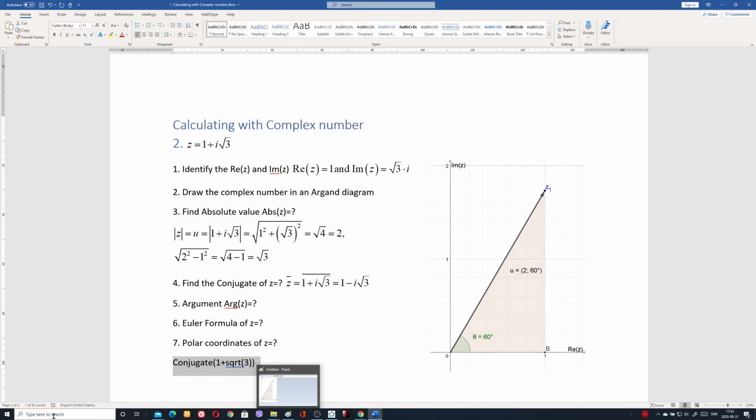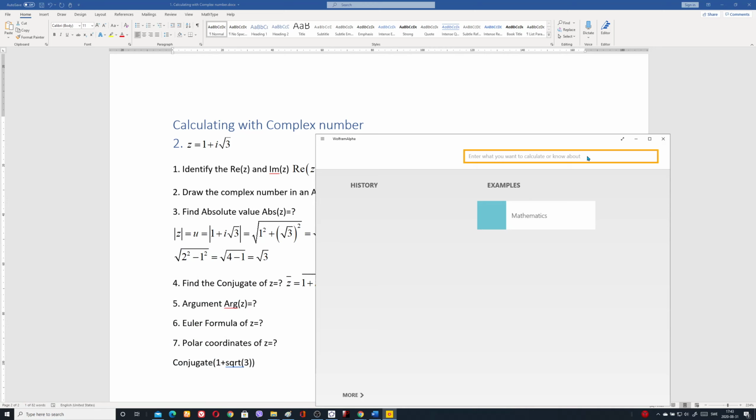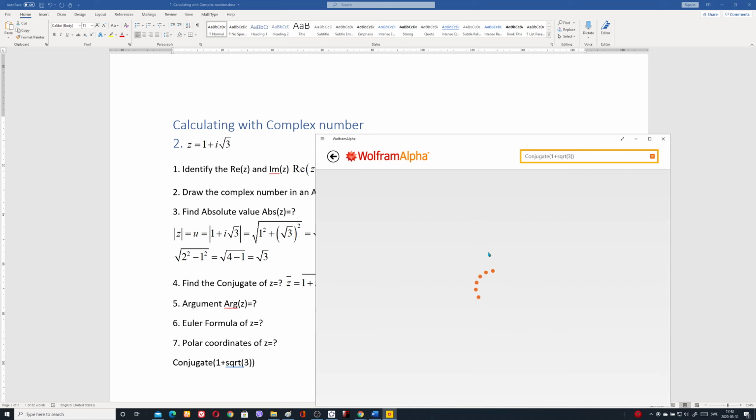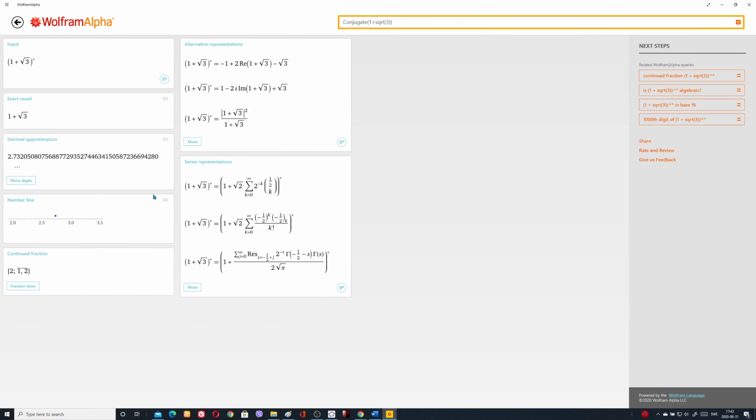Let us ask Wolfram Alpha. I have it up, so I don't need to start. So I must wait a little bit. I have a slow computer. It's time to buy a new one. So let's see what Wolfram should say. Square root of 3. What's the problem? Something is a problem. I don't know what the problem is.